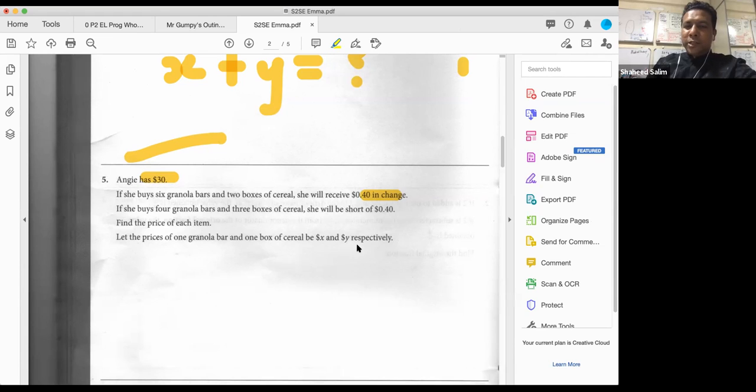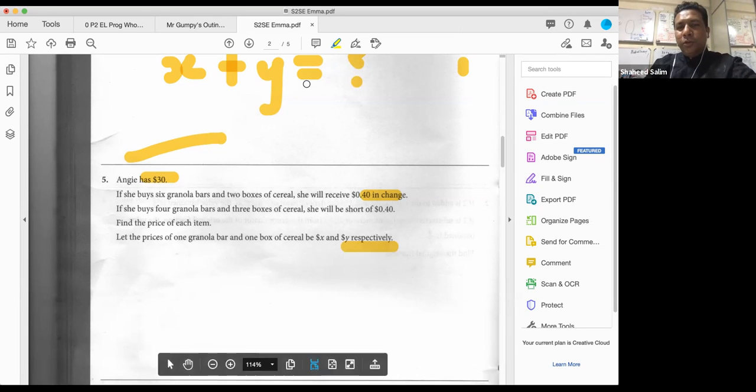So Emma, they say respectively, it means you must find out one of each. You cannot just find x, y lah, like just now.